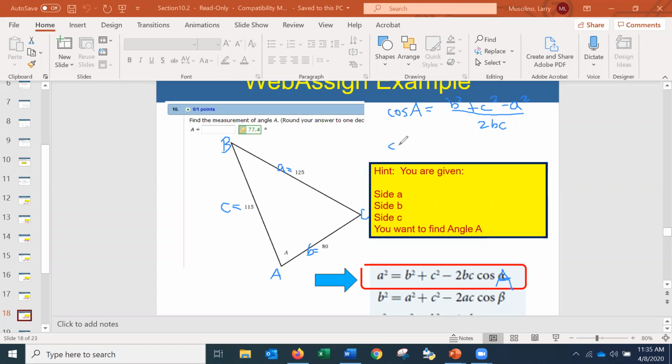All right, let me plug in our numbers here. Looks like our side B is 80. So this is 80 squared plus C squared. Our C is 115 minus A squared. Our A is 125 all over 2 times B times C. So that's going to be 2 times 80 times 115.